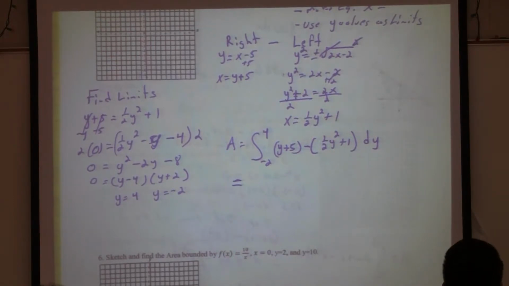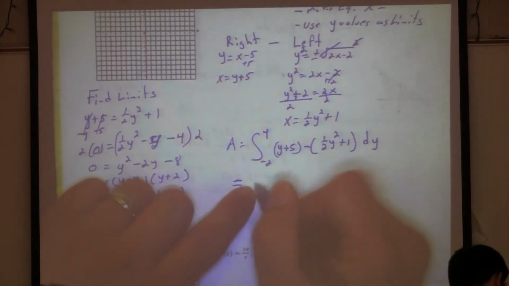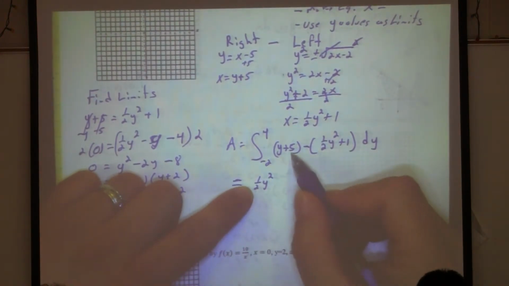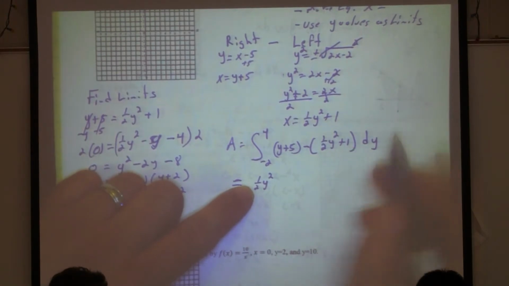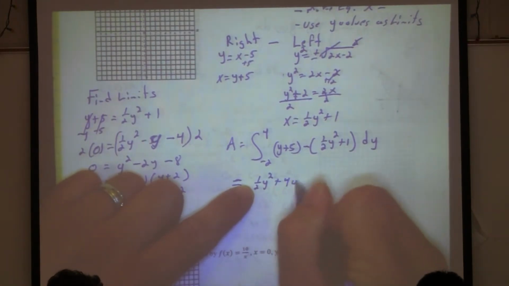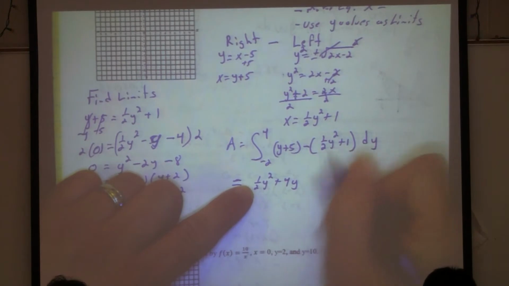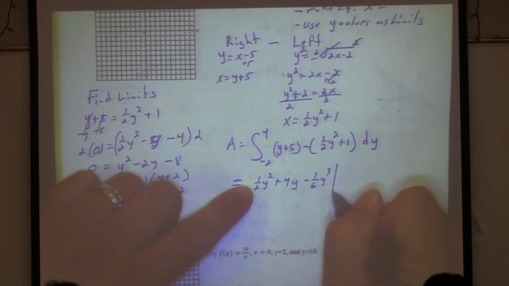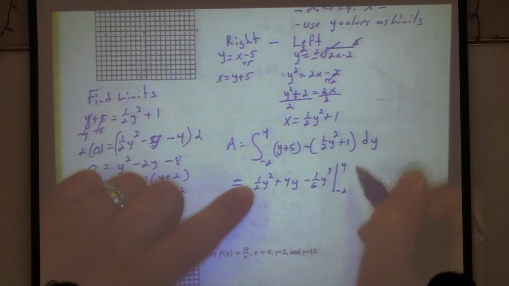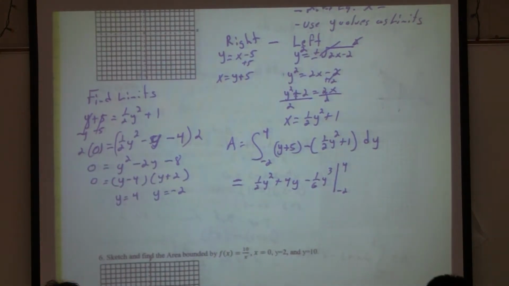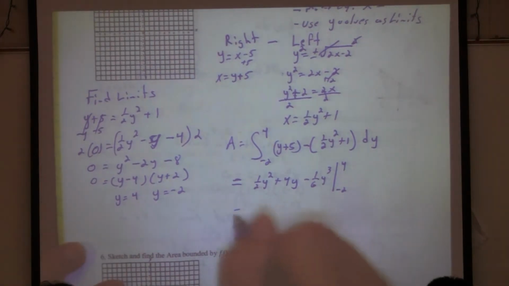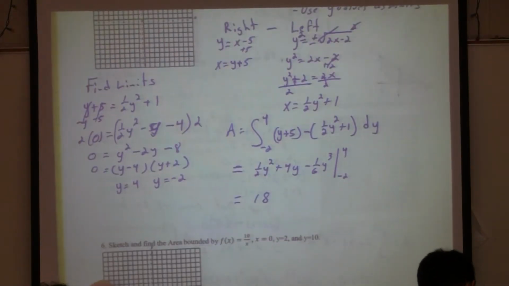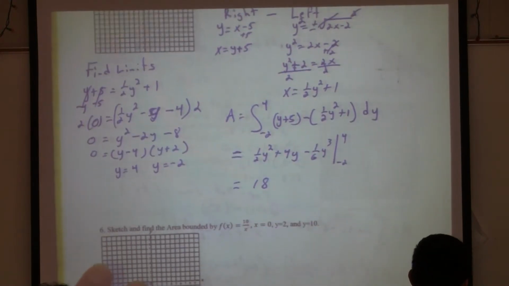Yeah? So the antiderivative would be 1/2 y squared, right? 5 minus 1 is 4, so plus 4y, right? Minus 1/6 y cubed, evaluated from negative 2 to 4. I forgot we were supposed to find the antiderivative.